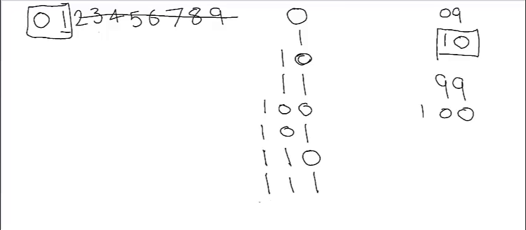And then I want you to pause the video and tell me what comes after this. It's 1, 0, 0, 0. Now, as an exercise, I want you guys to count from 0 to 16 in both decimal and binary.